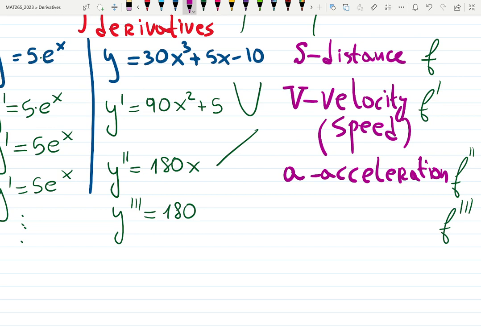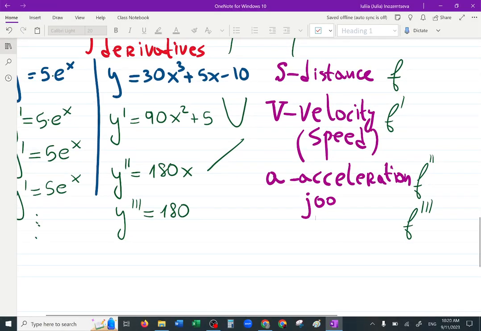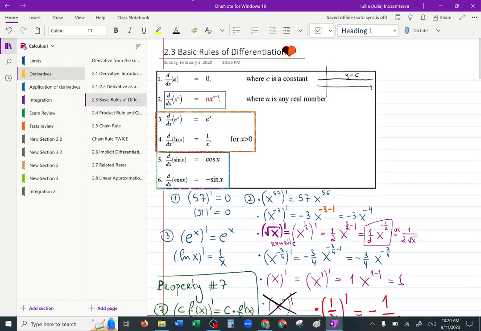Yeah, it's somewhere in my notes and I forgot where it is. Jog or jolt. We should Google. It's a physics term. I will search right now. It's actually somewhere in my notes. It is, I think, in this folder.